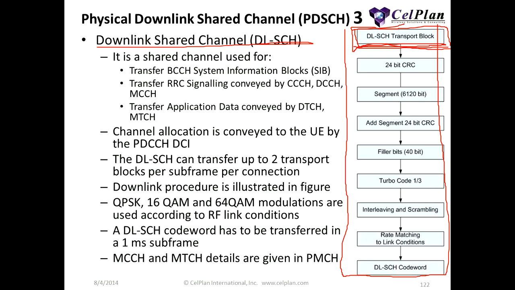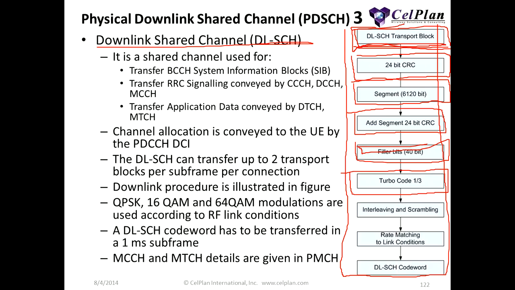So this transport block gets a 24-bit CRC. Okay, it can be segmented because if it is more than 6,120 bits large, it has to be broken because of the turbo code, and each block gets another 24-bit CRC. Sometimes we need to put some filler bits, and then we apply a turbo code FEC mother code of 1/3.